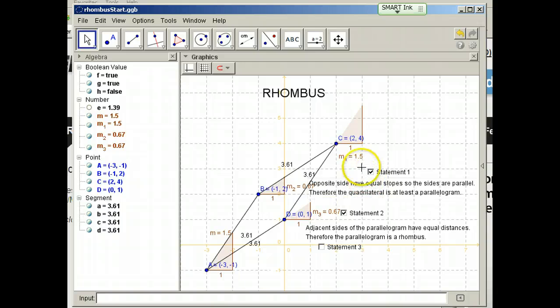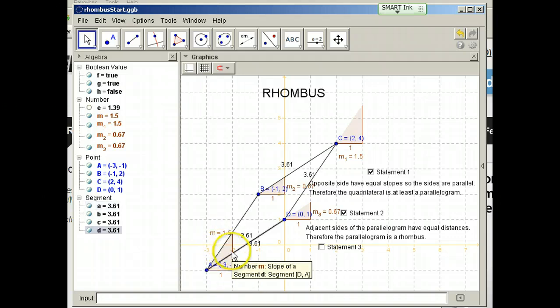We have a slope here of 1.5, or 3/2. We have a slope of this segment of 1. 1 is not the opposite reciprocal of 3/2. So these slopes are not opposite reciprocals.